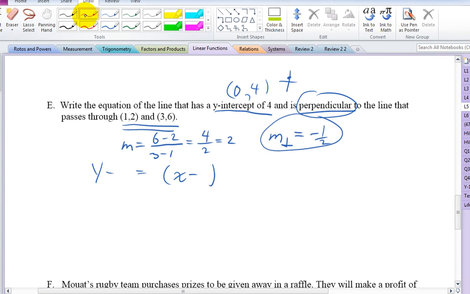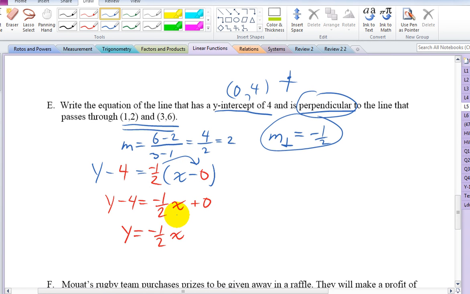So y minus 4 equals negative 1/2 x minus 0. Multiply the negative 1/2 in: negative 1/2 x plus 0. So what does y equal? When you multiply negative half times 0, you get 0, folks. So now you want to add 4 to both sides, so you get plus 4. There's your answer.